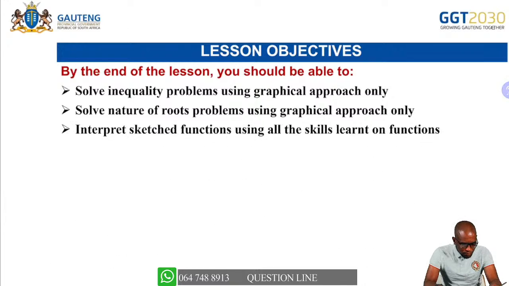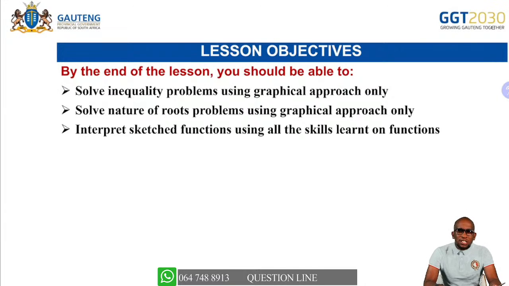Right, you should be able to interpret sketched functions using all the skills that you learned on functions. Remember, those skills will include transformations, vertical distances, horizontal and diagonal distances that we did last week.